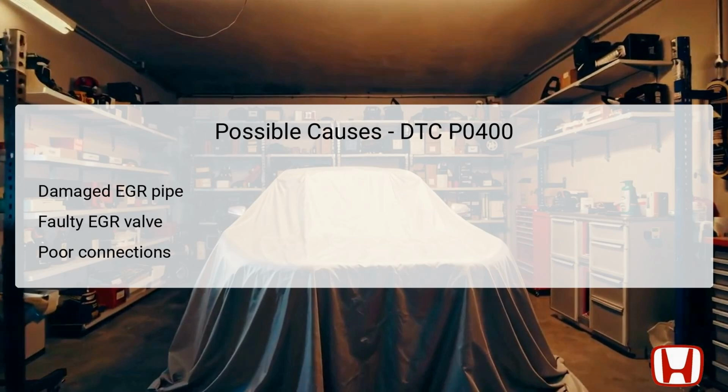Poor or corroded connections within the system can also contribute to incomplete or inefficient operation. Each of these conditions must be explored to determine the root cause of the detected leak. Performing a visual inspection can often reveal obvious issues, but further testing may be required for less apparent problems.